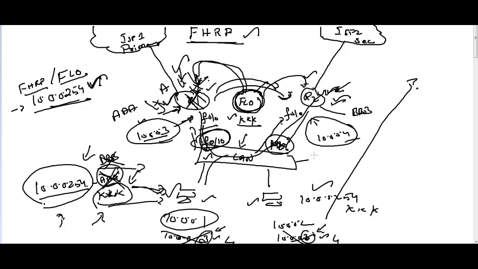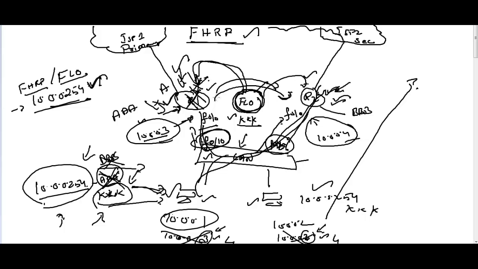That's a small time for layer 2 convergence, very little. The packets switch over to the router 2 gateway, and from router 2 via the ISP they reach the internet.